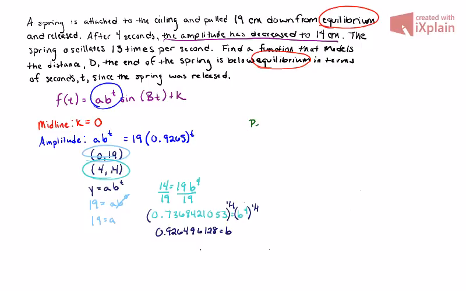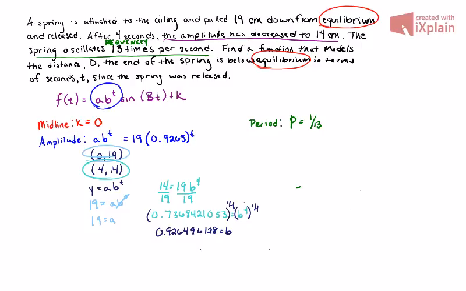The next thing that we can do is find the period. In this case, the period is going to be, we'll say p equals 1/13, and the reason is because we're going to oscillate 13 times per second. So what we're provided here in the narrative is the frequency.